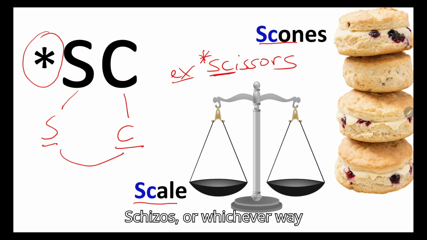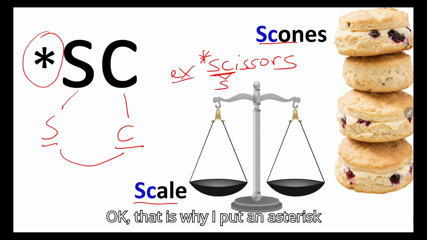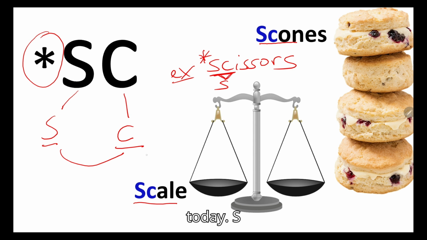It is pronounced as an S, okay? That is why I put an asterisk here. But for today, S and C here, sk is sk. All right? Got it? Let's continue.